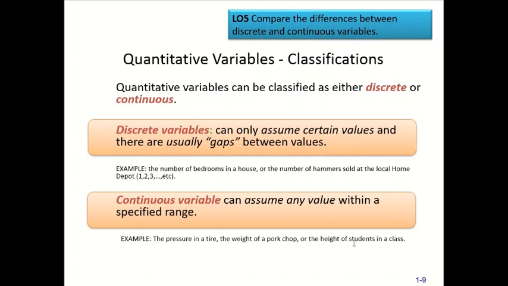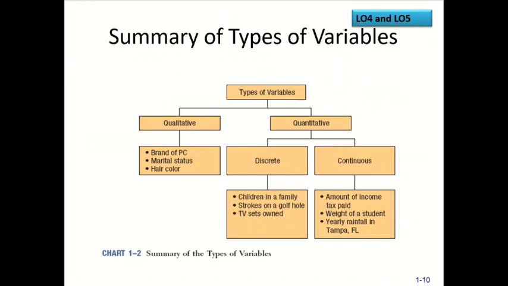Or the height of a student, say 5 feet 10 inches, or 5 feet 10 and a half inches. So not only whole numbers are involved, but we can have in-between points, decimal places also. This kind of variable is called a continuous variable.